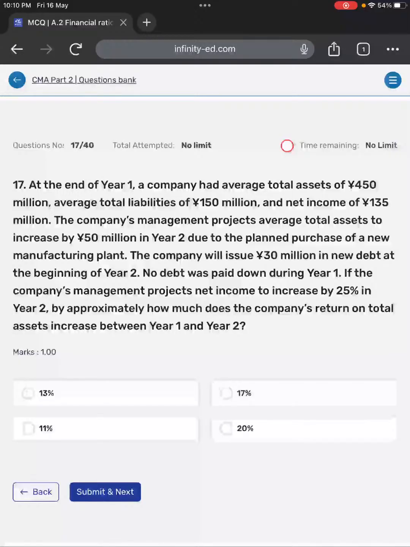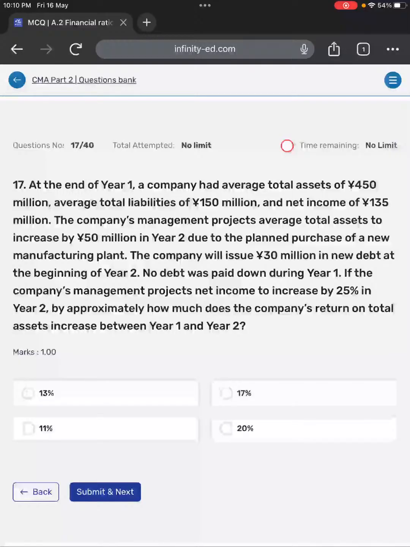No debt was paid during the year. How much does the company's return on total assets increase between year 1 and year 2? Return on assets; we have to check the return on assets only.